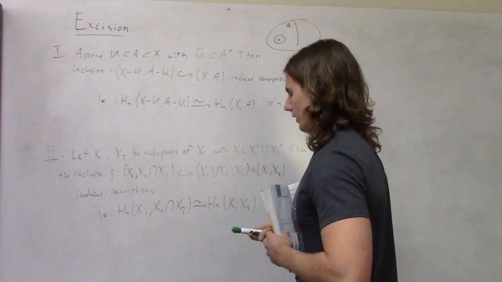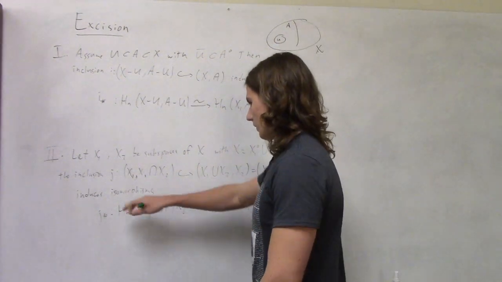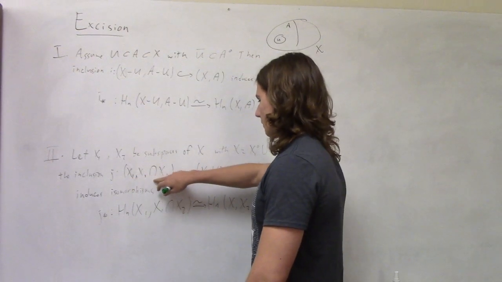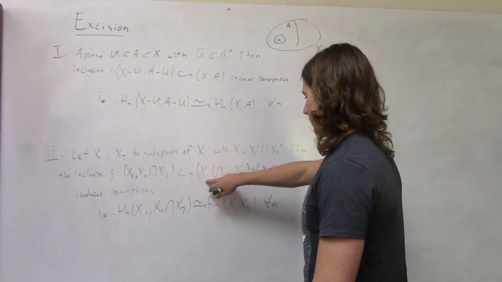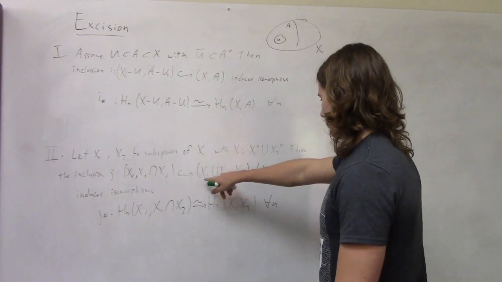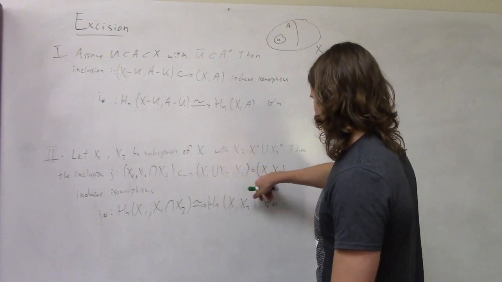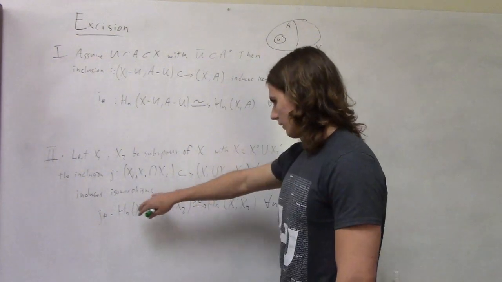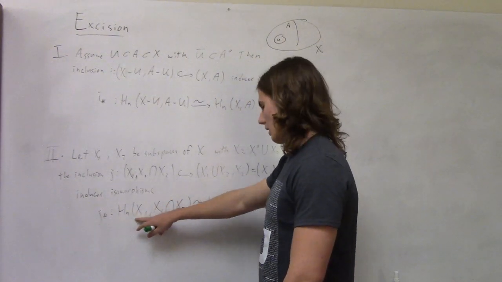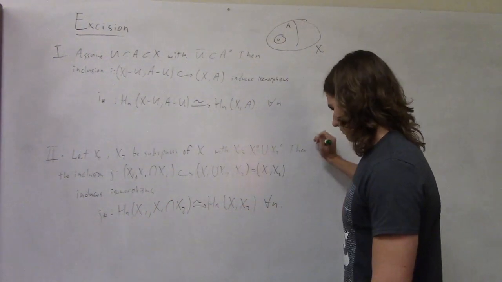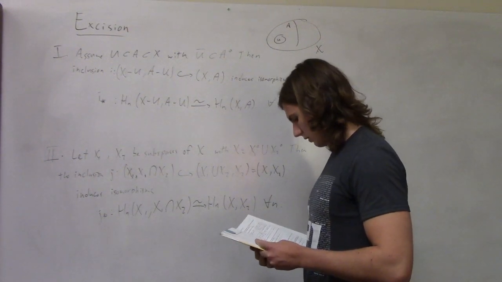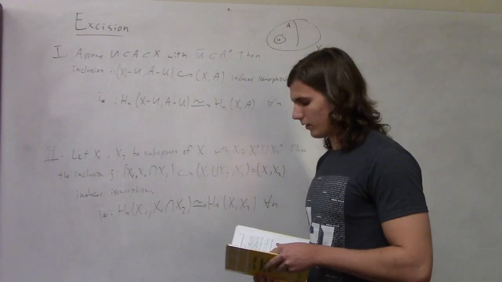And we have this other property where the inclusion that maps (X1, X1 intersect X2) to (X1 union X2, X2), where X1 union X2 is equal to X, induces isomorphisms J star on the homology groups. So yeah, that's cool. So let's prove that these are the same thing.